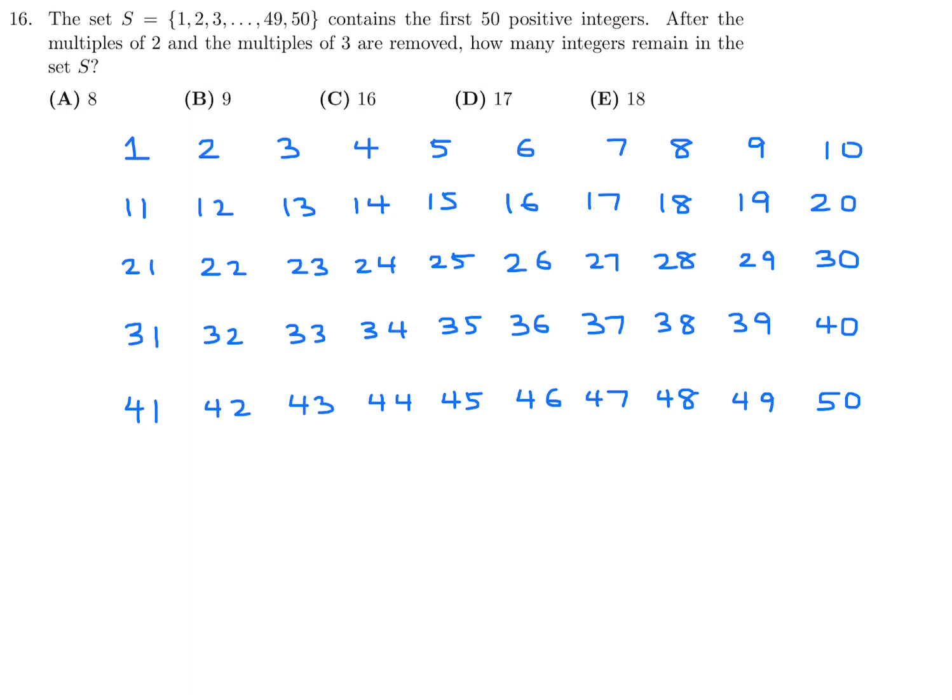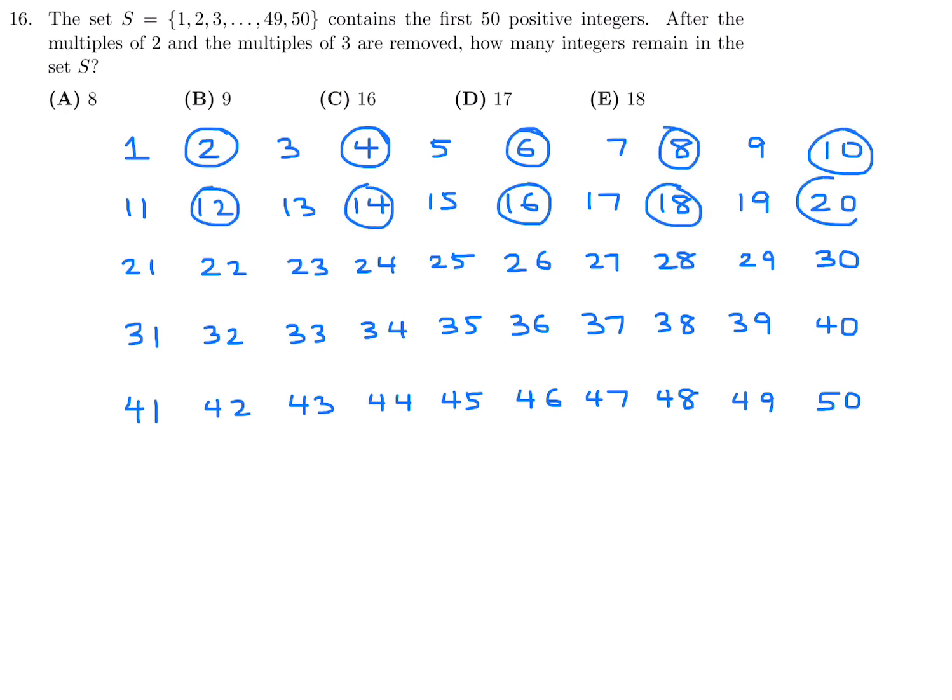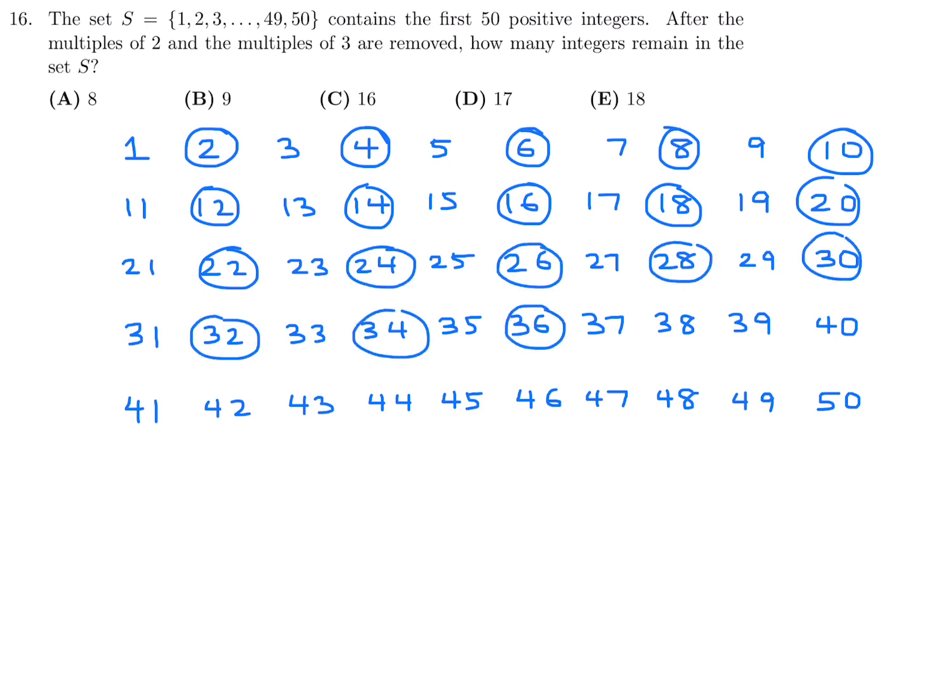And from this list, we are removing multiples of 2 and multiples of 3. So let's first remove multiples of 2, and that is, of course, just all the even numbers. So I'll circle those, indicating that those are to be removed. And then, once those are all gone, we are going to remove multiples of 3.